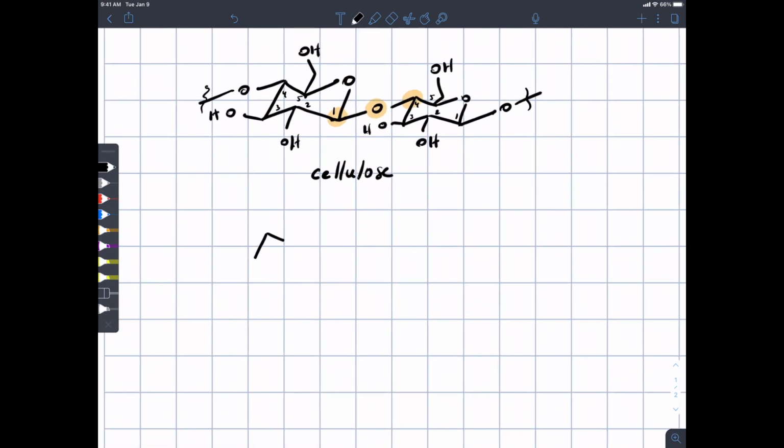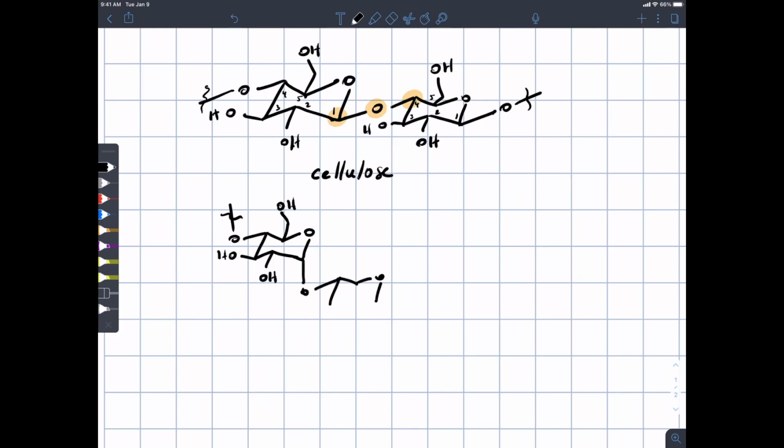cellulose is in plant-based foods. Now we can take the exact same subunits, still glucose subunits, but we're going to connect them together with a slightly different shape.